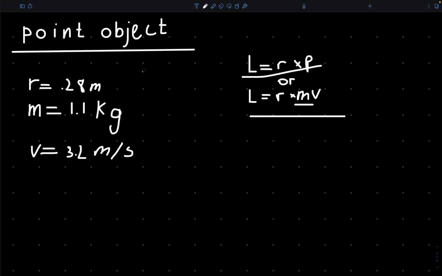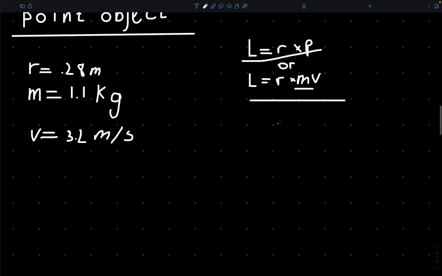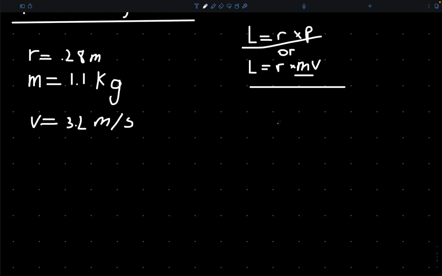Okay, so we just plug in these values and multiply them, and at the end we get an angular momentum of about, I'm sorry for my handwriting, it's my first or second time using the pen on the computer. So our final result is 0.99 kilograms.